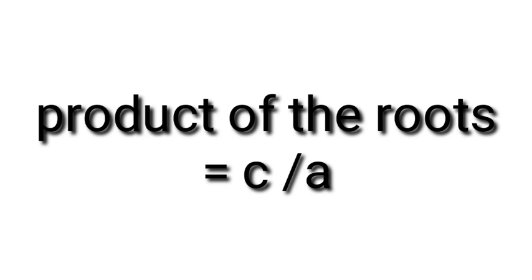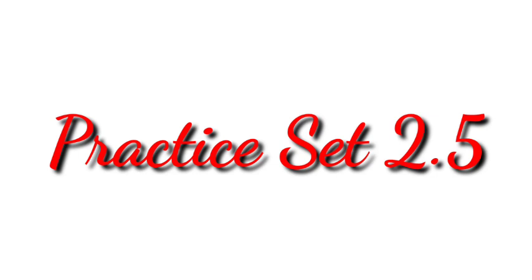Also, if alpha and beta are the roots of the given quadratic equation, then the quadratic equation can be written as x square minus (alpha plus beta) into x plus alpha beta is equal to 0. Using these things, we are going to solve practice set 2.5. So let's begin practice set 2.5.